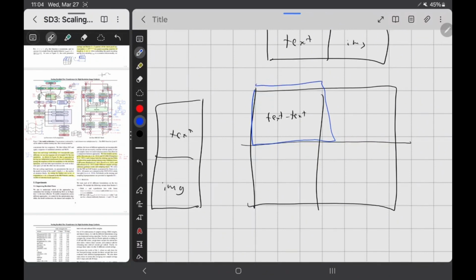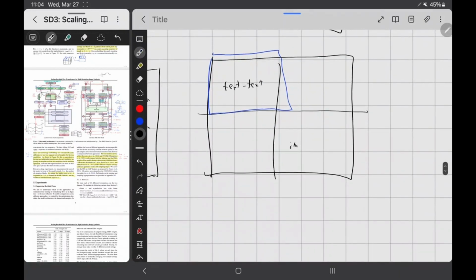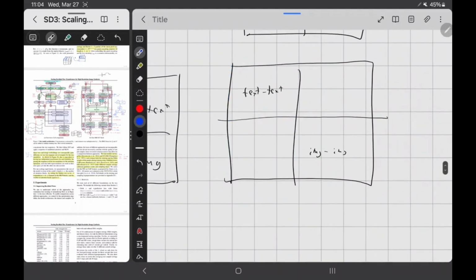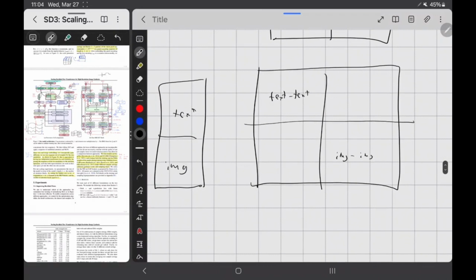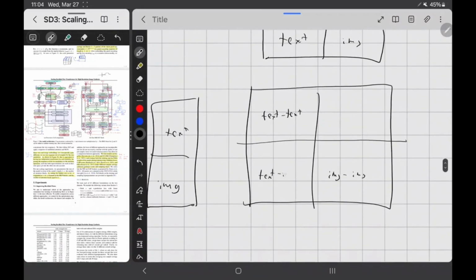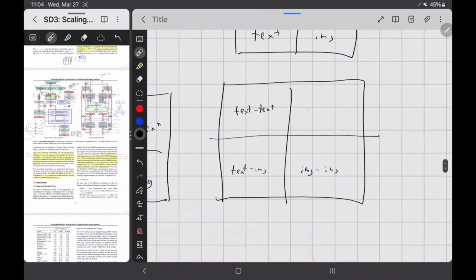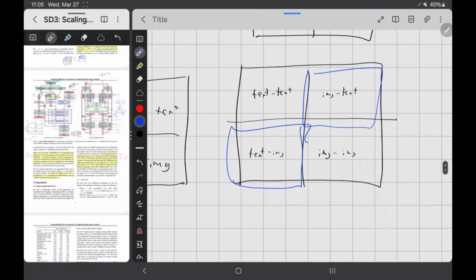Or rather, you would almost get that part there because the softmax is across rows. This down here is going to be the image relationships, and the off diagonal will be the other relationships. So this will be the text-image relationships, and this will be the image-text relationships. These two here give you your cross information, the information flowing between the images and text.